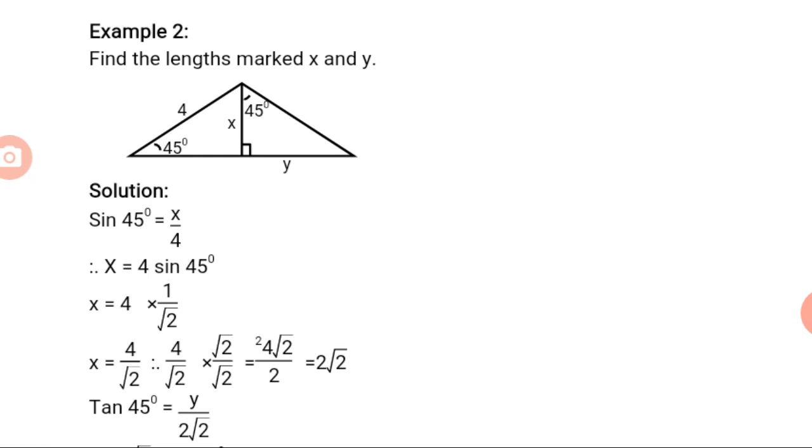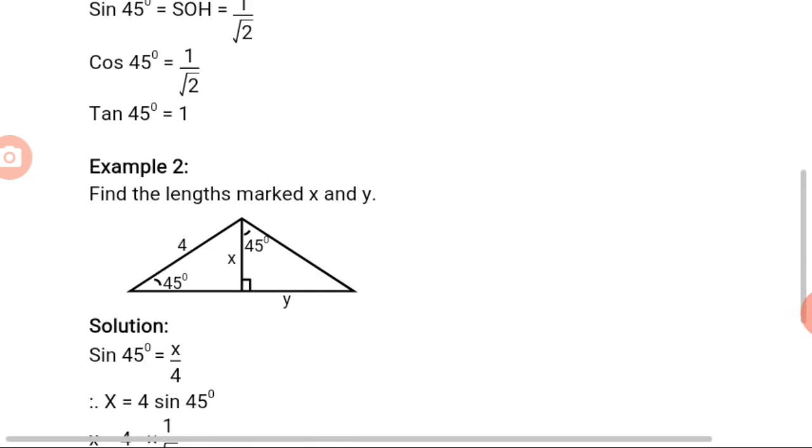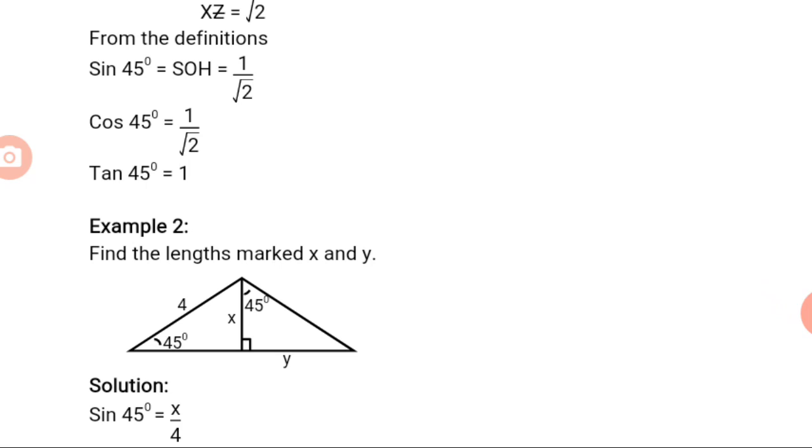These are the values that you are going to be inserting or substituting when you are solving this kind of problem. Note that sine 45 degrees is 1 over root 2. Y cos 45 degrees is 1 over root 2.